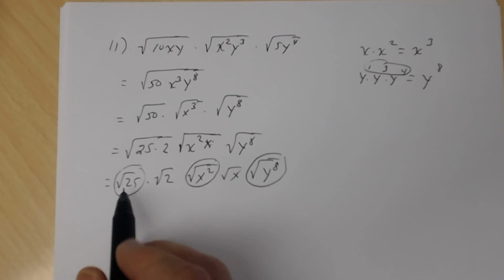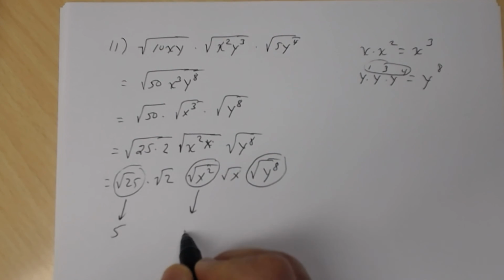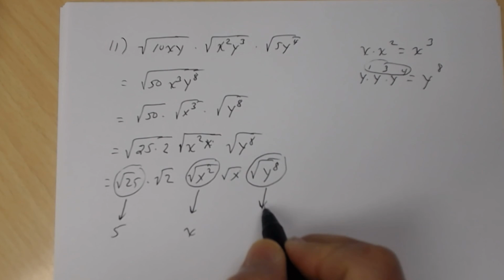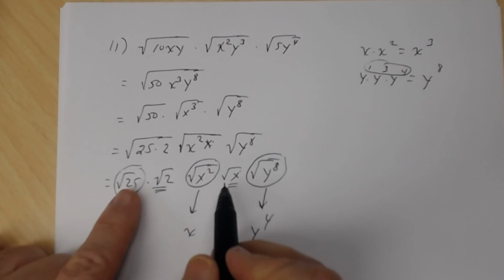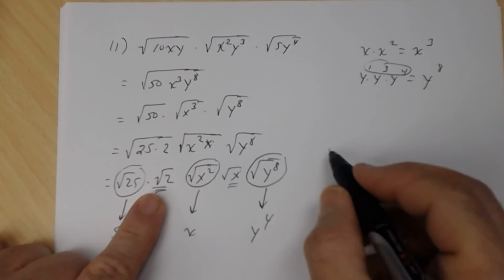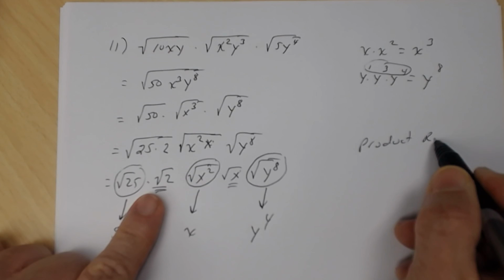All right, so the square root of 25 is 5. The square root of x squared is just x. And the square root of y to the 8th is y to the 4th. And so I'm going to rewrite those. See how I have the square root of 2 times the square root of x? You want to use the product rule for radicals.